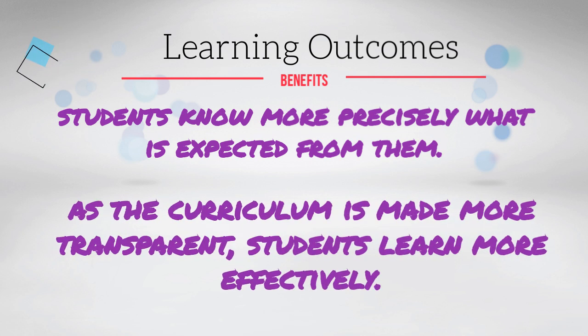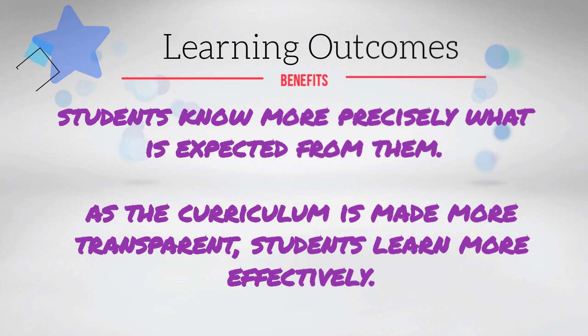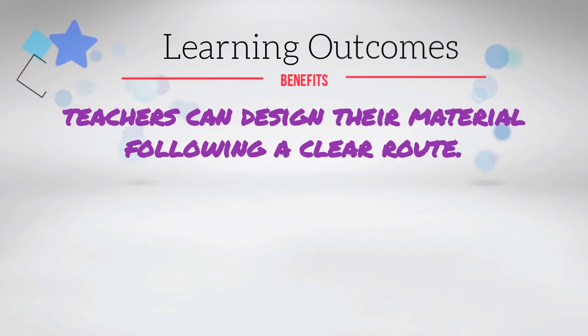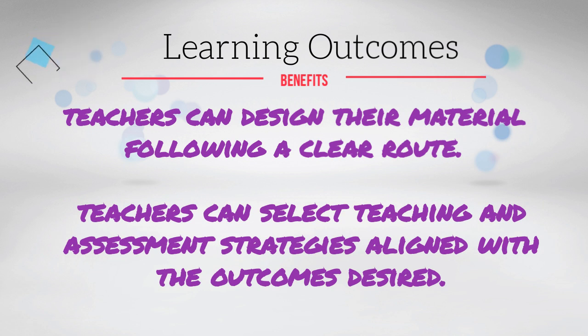As the curriculum is made more transparent for students, they learn more effectively. Teachers can design their own material following a clear route. And teachers can select teaching and assessment strategies aligned with the outcomes desired.